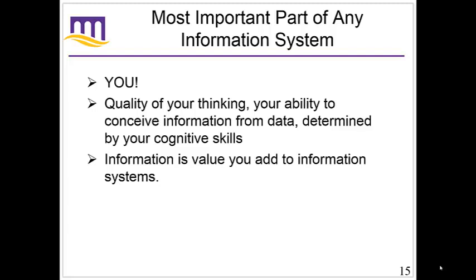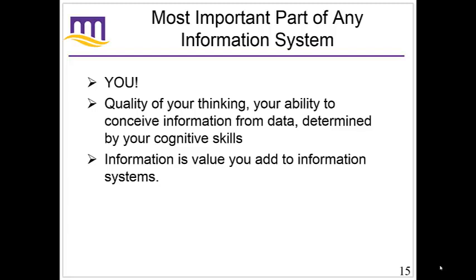And so yes, we can go about automating a lot of things with information systems. But, and here's an important part of that but, automation can certainly save a business some costs, but unless it's creating value, it is just worthless. And the only way it can create value is if there's people at the end of it that are adding value.